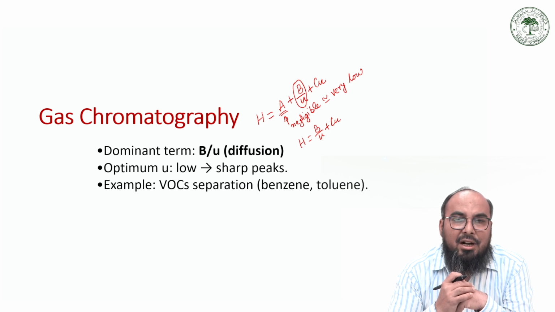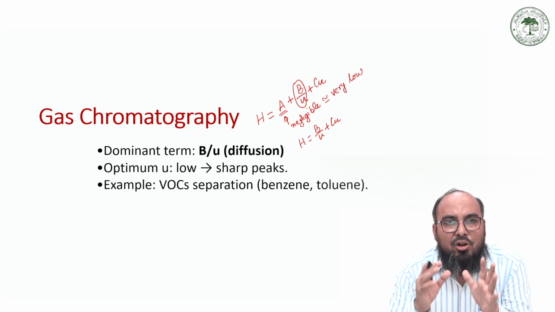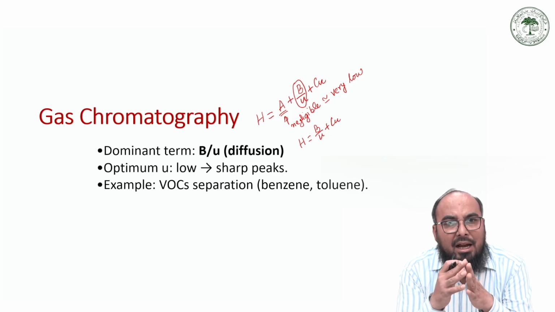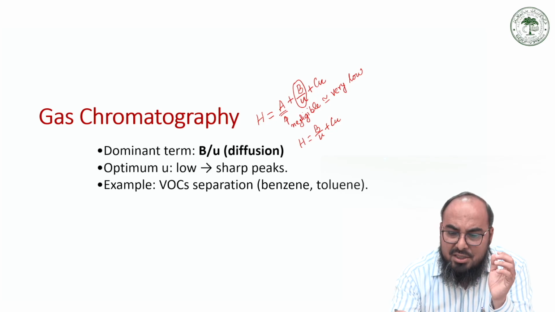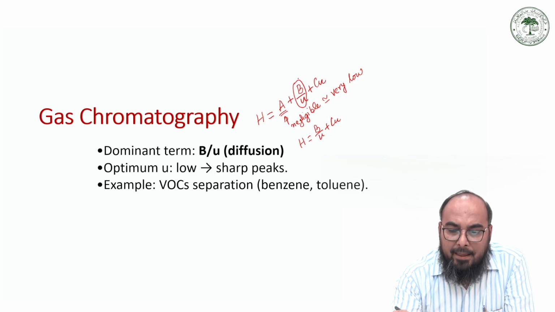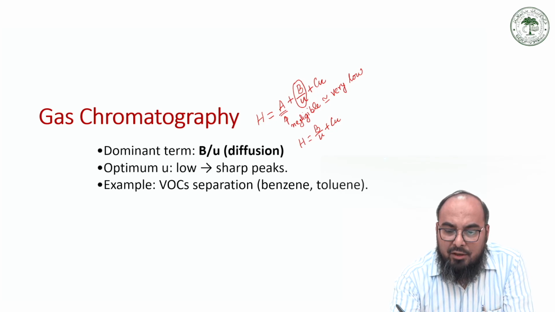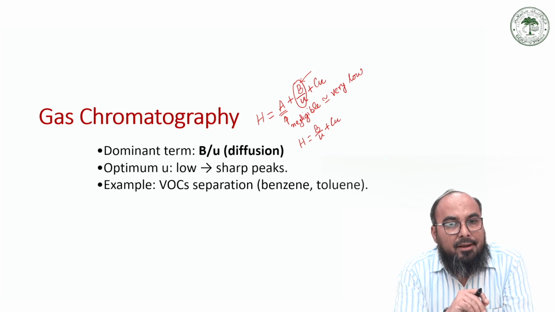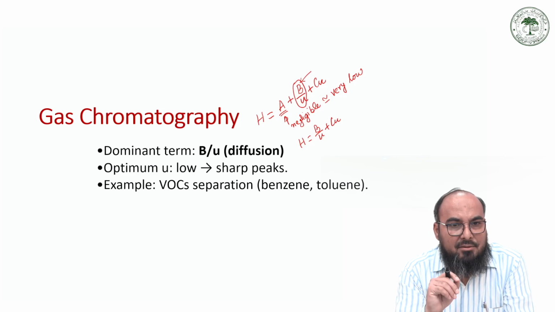There is no random walk, because your solute molecules, which were volatile in nature, get mixed with the carrier gas and the diffusion is very high. So the diffusion factor becomes dominant, and at optimum speed you will get sharp peaks.